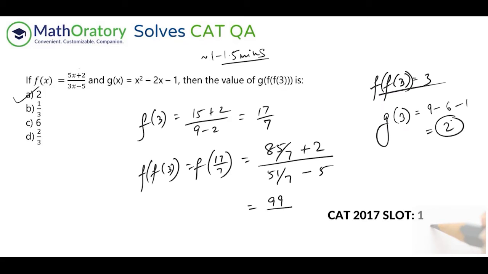The denominator is 9 minus 5, not 9 minus 2, so that is 4. So 15 plus 2 is 17, 9 minus 5 is 4, and this will be 17 by 4. Let me correct this and calculate properly.